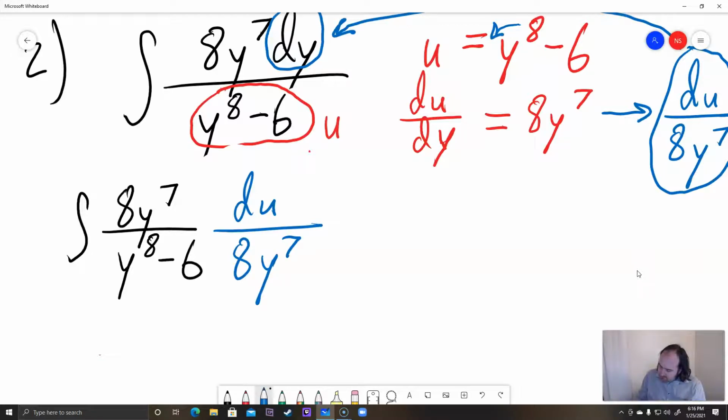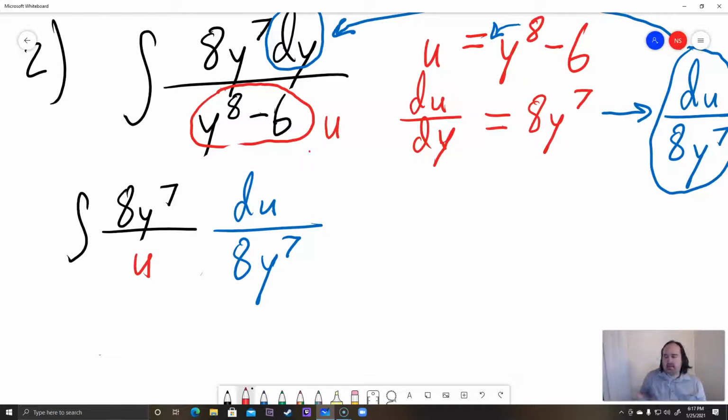So I plug that in. We also know that u is y to the 8 minus 6. So instead of writing y to the 8 minus 6 on the bottom left, we replace it with u.